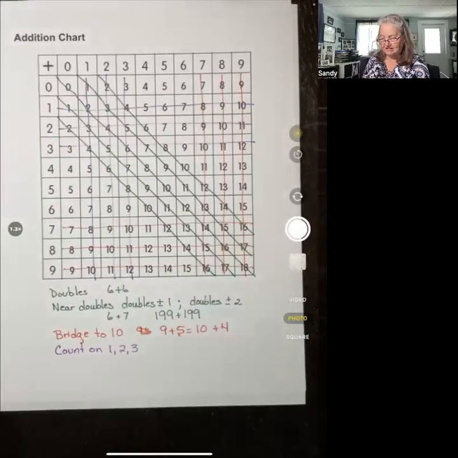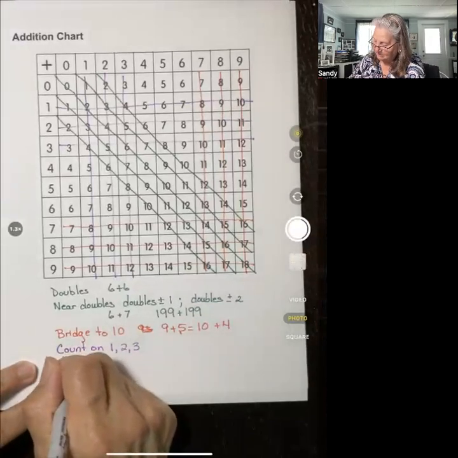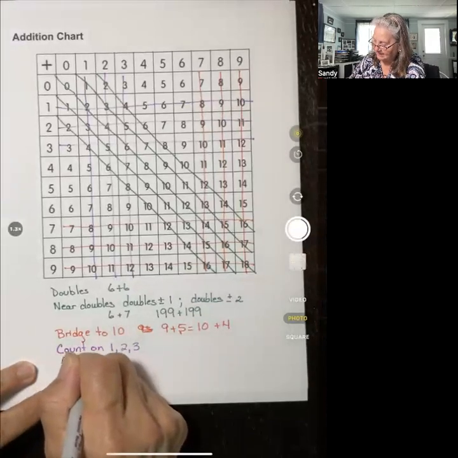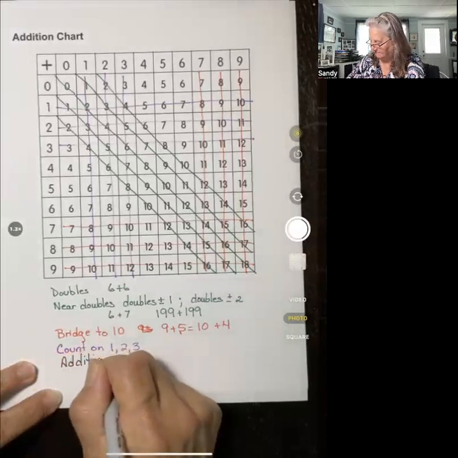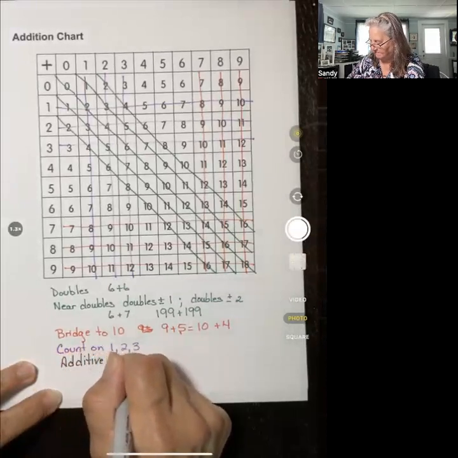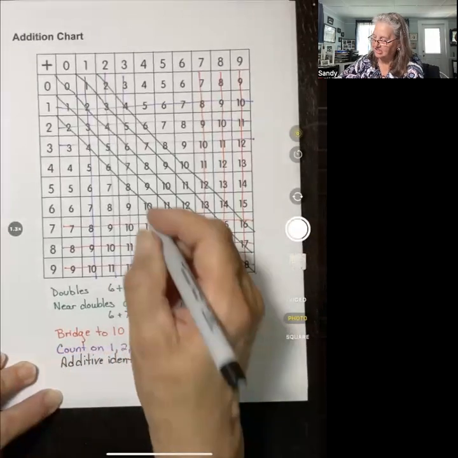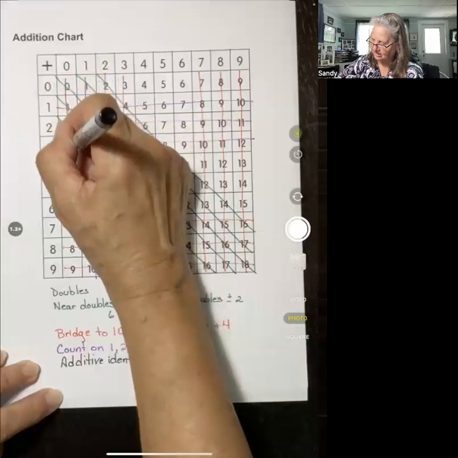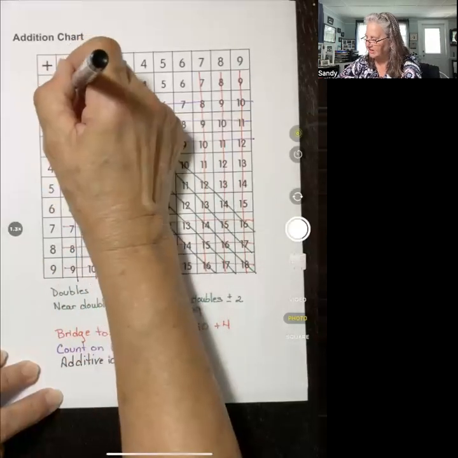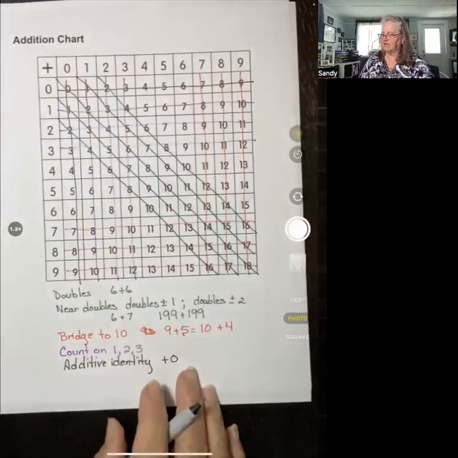And the +0 is our additive identity. It maintains its identity. And so that last one takes care of all of these and all of those.